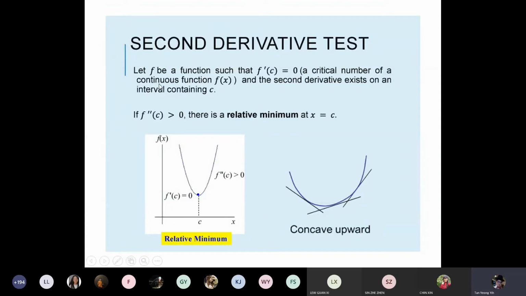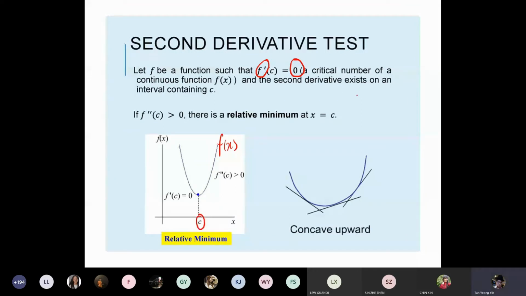Now let's say we have a function f. To find the stationary point, first we differentiate. The f prime here means we differentiate. After we differentiate and we let it be 0, we can find the point, the x here.